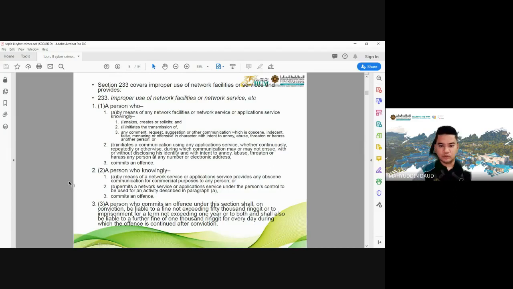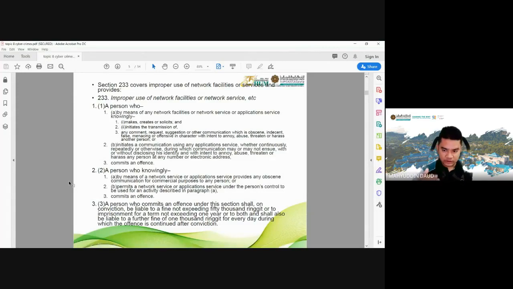Or you're leaving any remarks on any particular platform or forum, online forum, or maybe you do a YouTube video. Meaning that you are initiating a communication using any application service. You can use any kind of application service, be it Facebook ke Twitter ke apa.